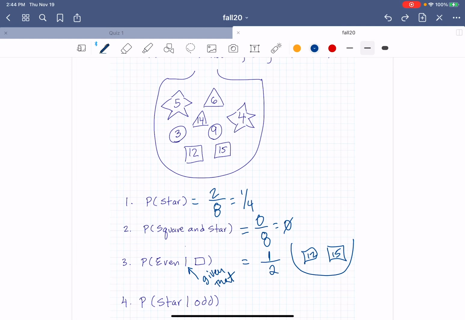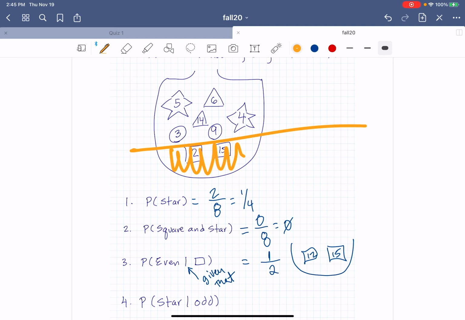These things are called conditional statements. When you have a conditional statement like this, and you have this pipe, think of the pipe as you're cutting the bag. In this case, you are cutting the bag and you're only leaving the squares, because it's giving you new information so that you can figure out the probabilities.